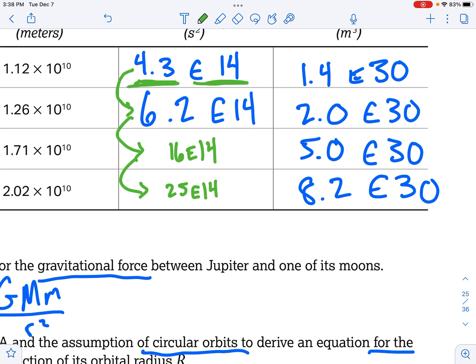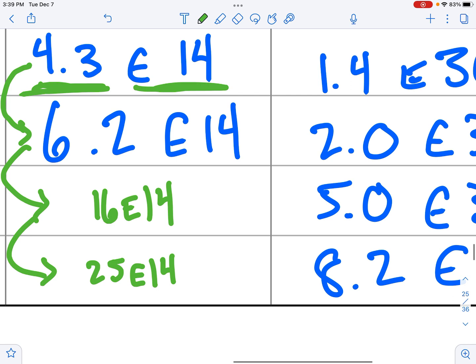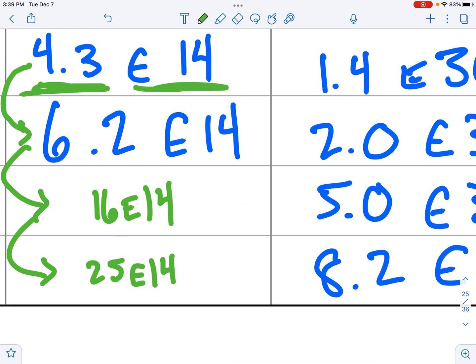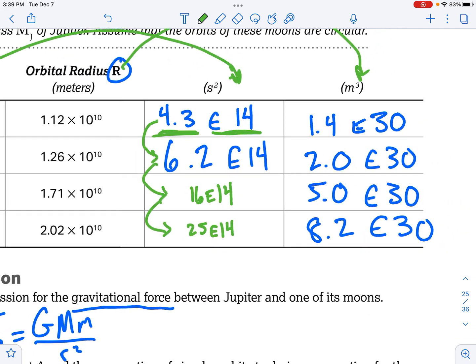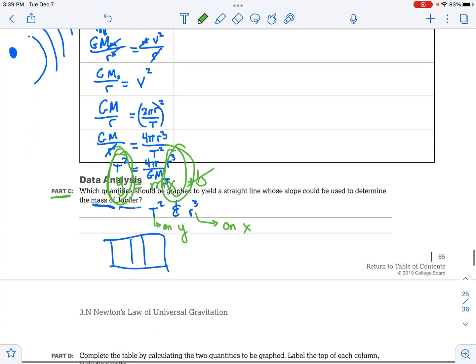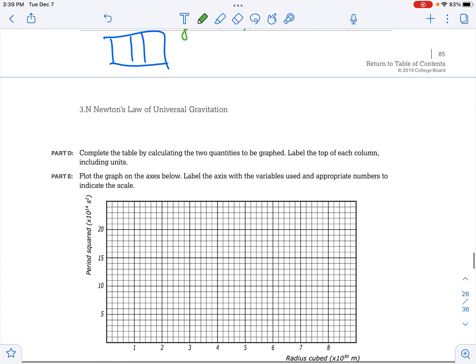All right. Plus, being on the same power of times 10 to the 14th is going to make our graphing a lot easier. But now that we've got that, let's see what our next step is, which I imagine is going to be the graphing. Oh yeah, sure enough. This is when they actually told us to do the table. Up until then, we were just being hasty.